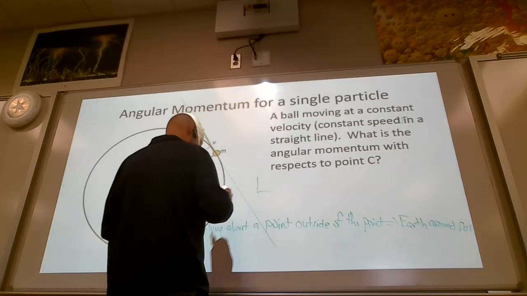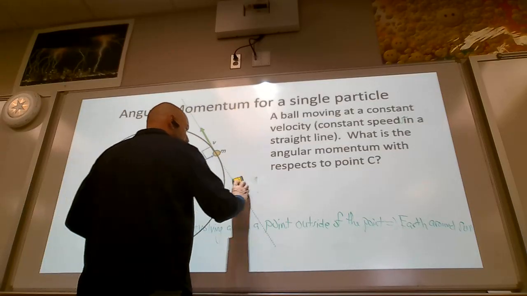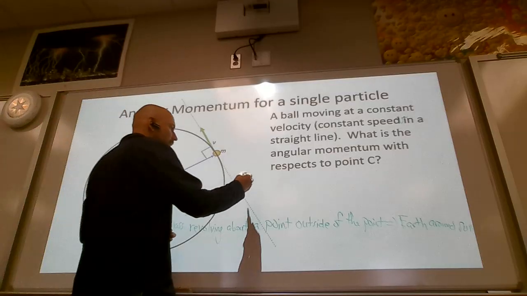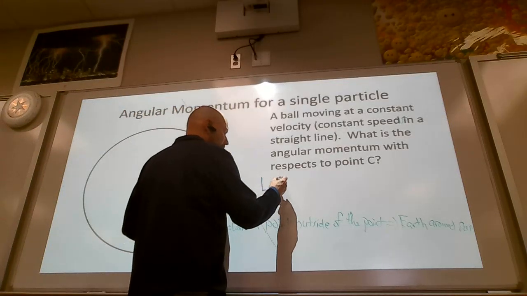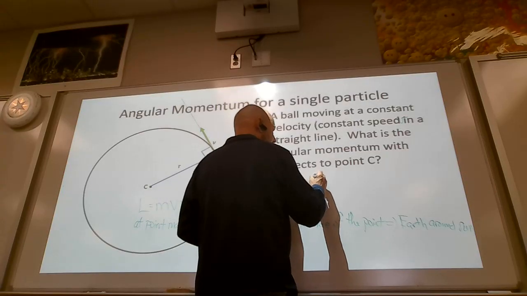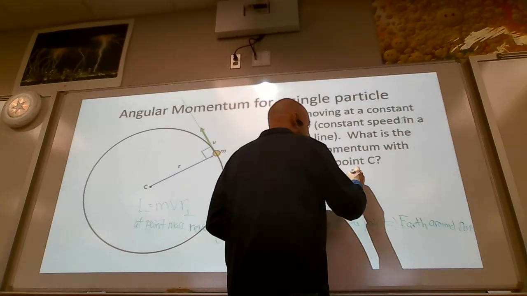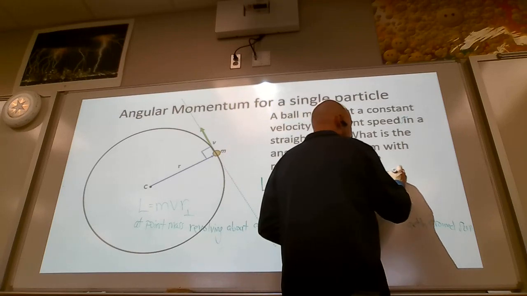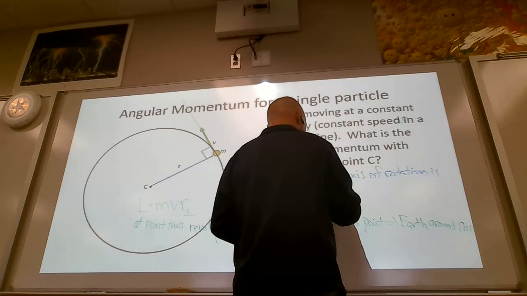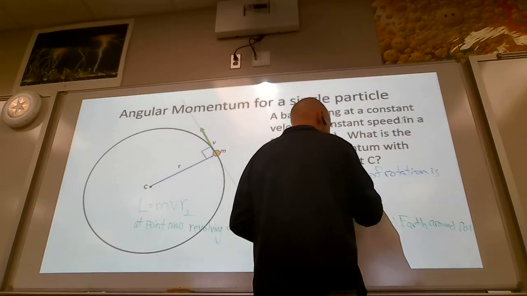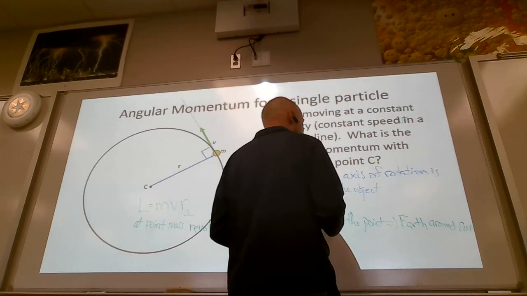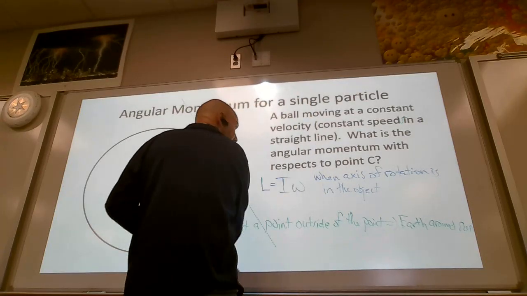We do this equation when the axis of rotation is in the object, or goes through the object, maybe goes through the object, that's probably a better way to say that.